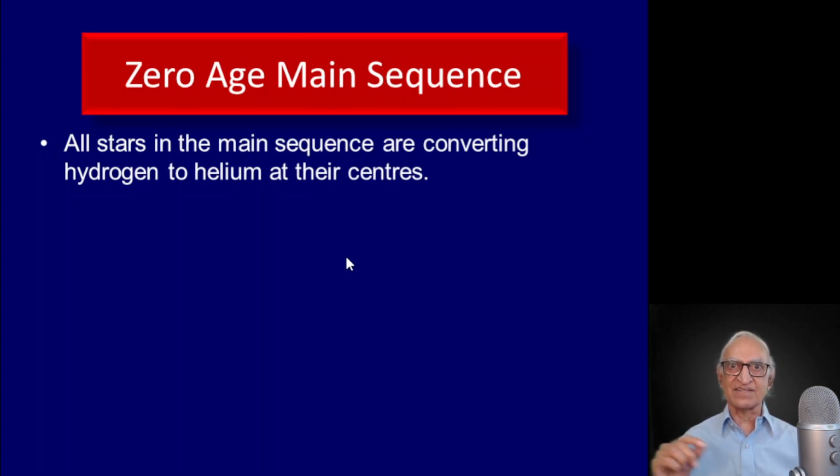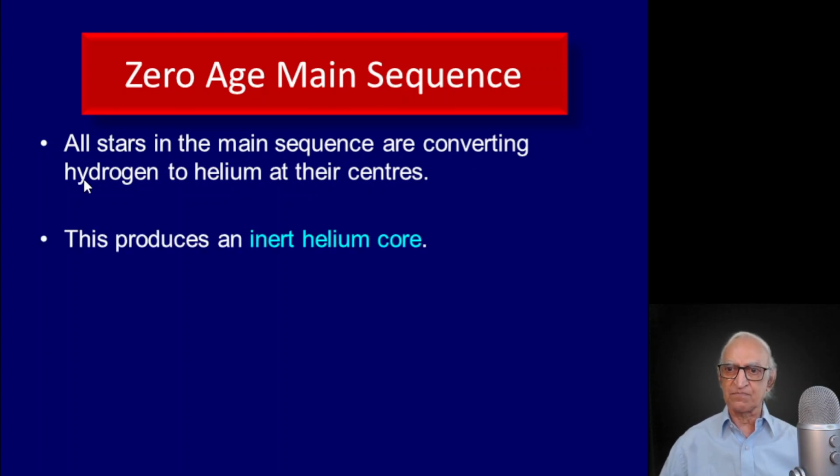And the other acts of the stellar drama, as we shall see, are very short-lived. So the two things that you must remember is that most of the stars spend almost their entire life on this diagonal main sequence, and all stars on the main sequence are converting hydrogen to helium at their centers.